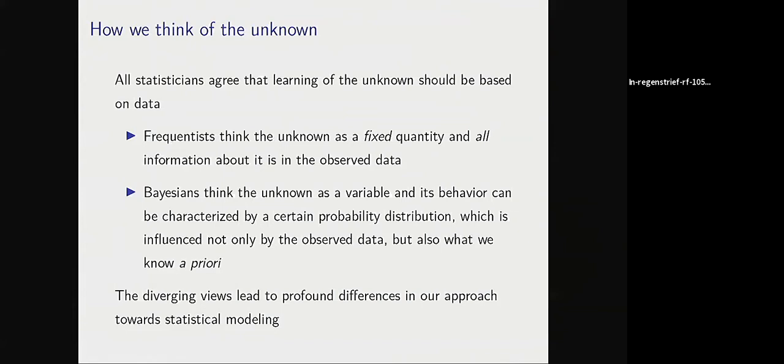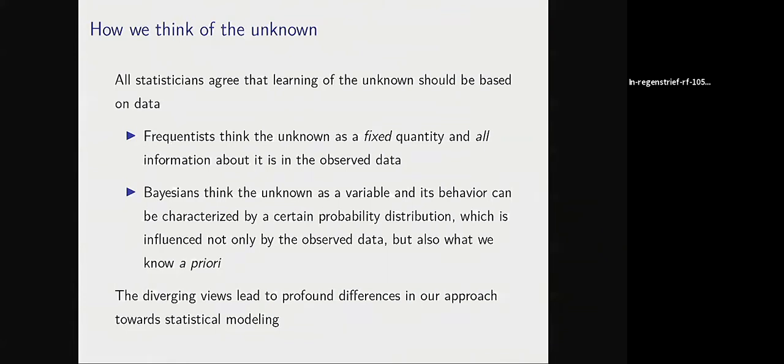Bayesians have a little bit different approach. Bayesians view the unknown as a range of values that can be characterized as a probability distribution. We also use the observed data in order to estimate the unknown, but Bayesians also are able to incorporate any prior knowledge that we have.